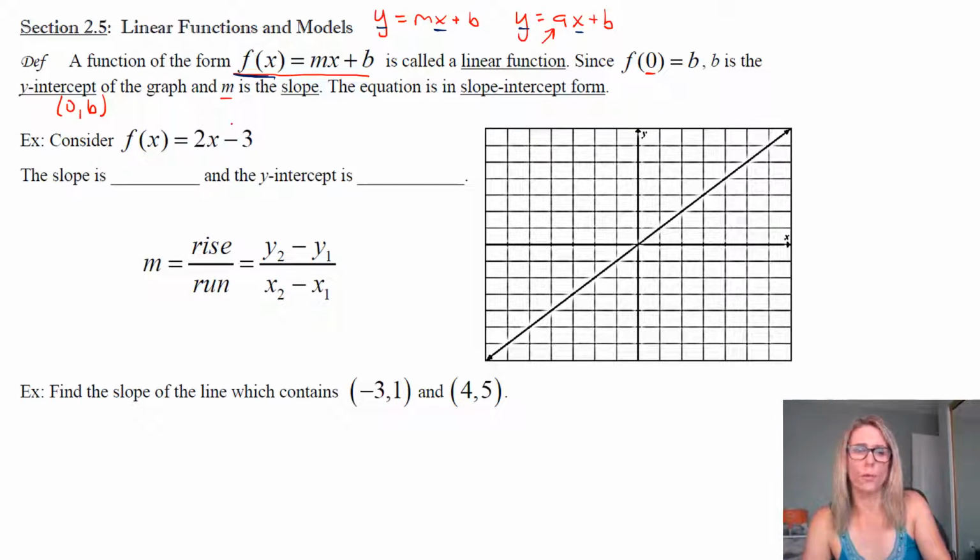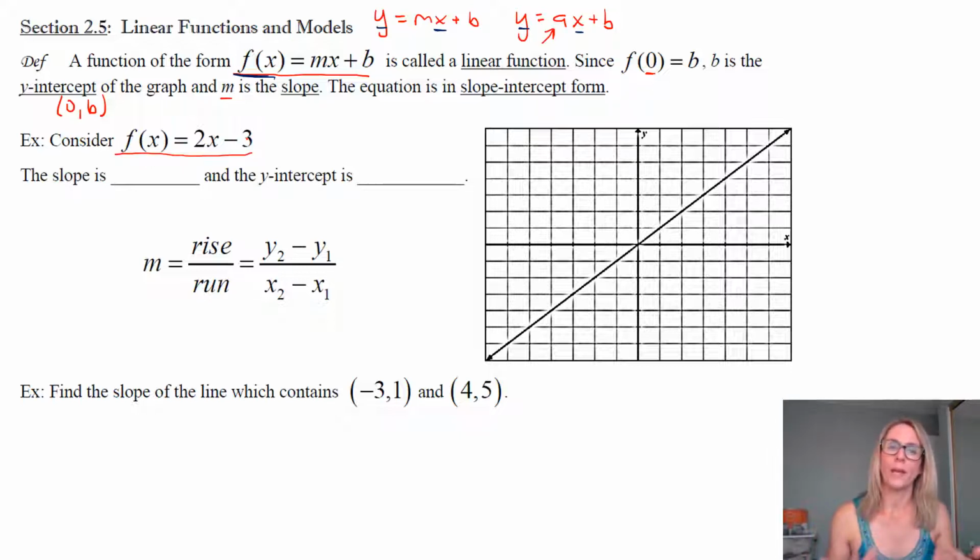When you have something of the form f of x equals 2x minus 3, you are in slope-intercept form. And that means some really good stuff, because you know a lot about the graph of your line when you have it in that form. So when you have f of x equals 2x plus 3, the slope is that m, that value next to the x.